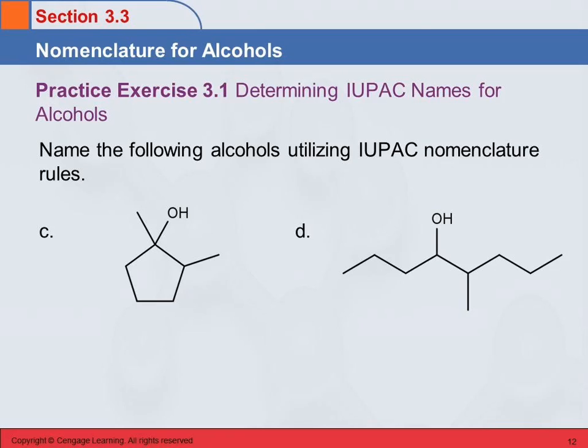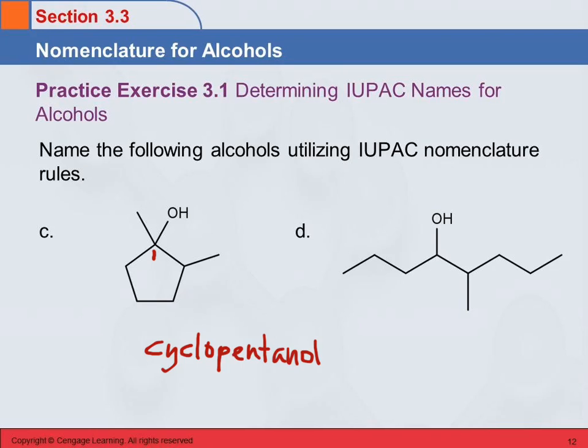With the hydroxyl group on it, it becomes cyclopentanol. The hydroxyl group is attached to the ring. We have to start numbering the ring where the hydroxyl group is attached. And then we can go clockwise or counterclockwise.